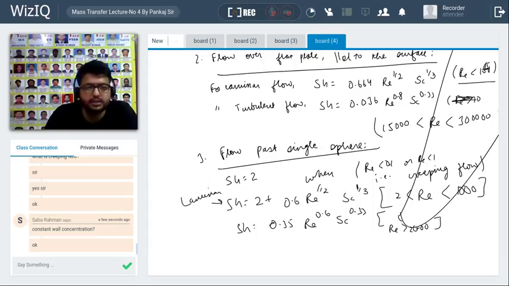They will be discussed individually in detail in those subjects. If I explain every derivation here, it will take a lot of time, and from the mass transfer point of view, these are not so important. You just need to know that if a question is asked, you are able to take the analogy from other subjects also.